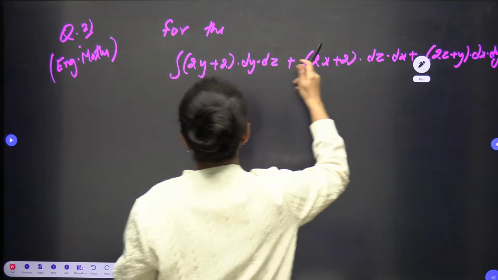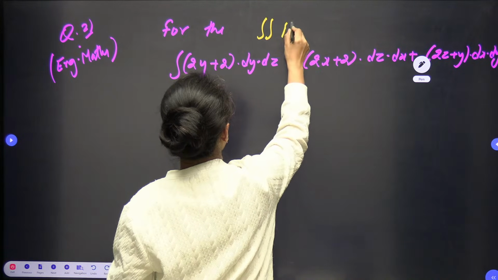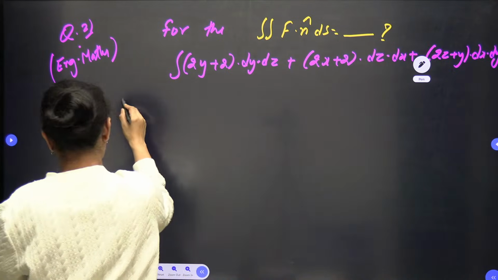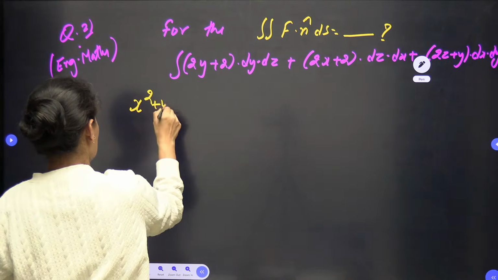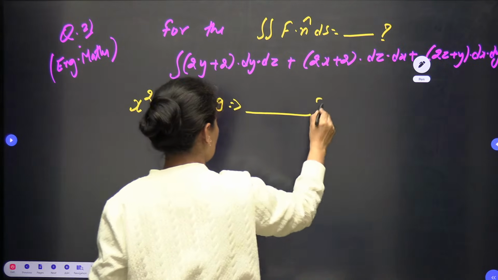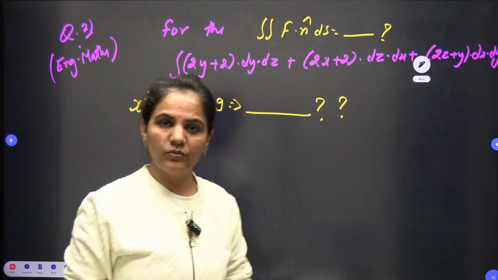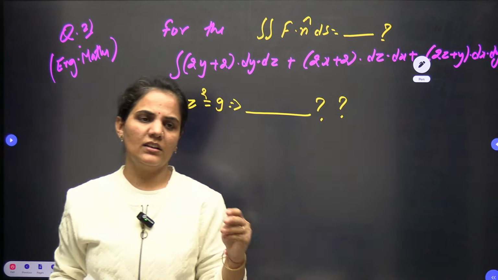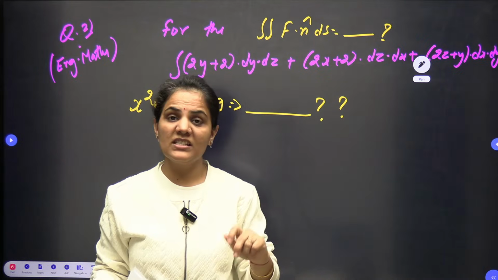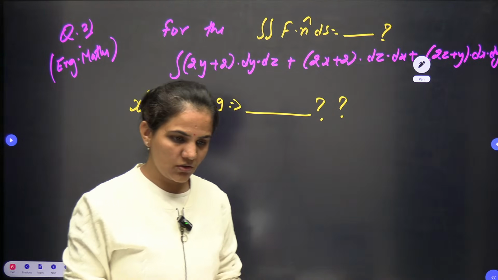Find the value of the integral of f dot n cap ds over the closed surface, the sphere x square plus y square plus z square equals 9. This type of question has been asked many times in the GATE exam. If you go through vector calculus, I told you several times, beta, there is a great chance of Green's and the GD theorem. Both are important. So you can see this is a direct question of the Gauss divergence.